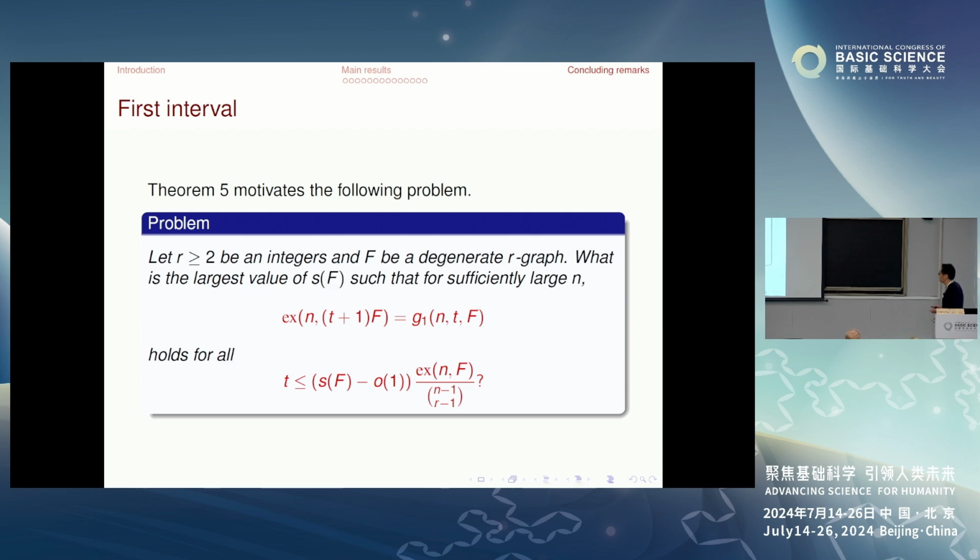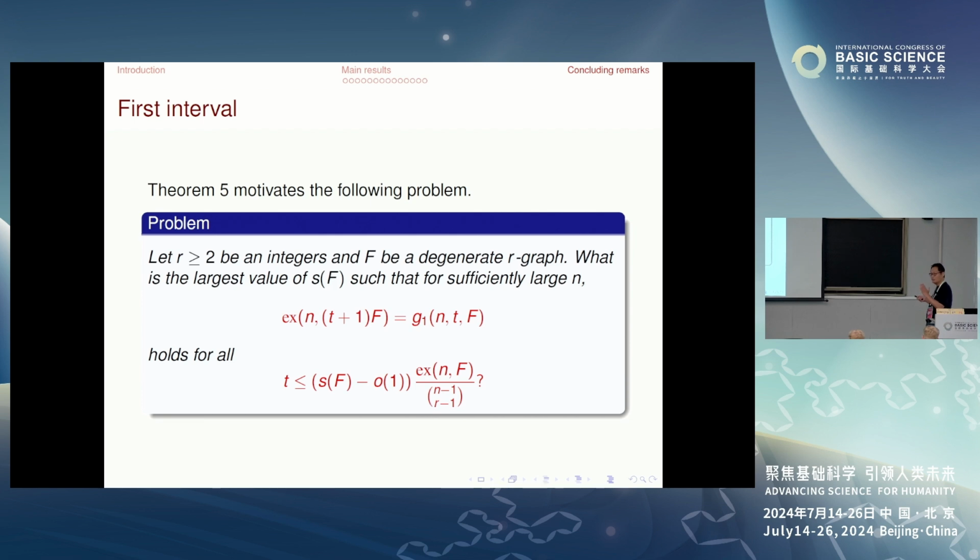Another problem is that for the first interval, we know the extremal graph, but we don't know exactly what about the SF. I mean, what is the largest value of the SF, such that for all t from 1 to this one, its Turán number is G1.